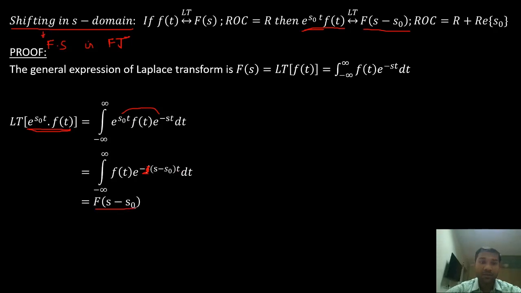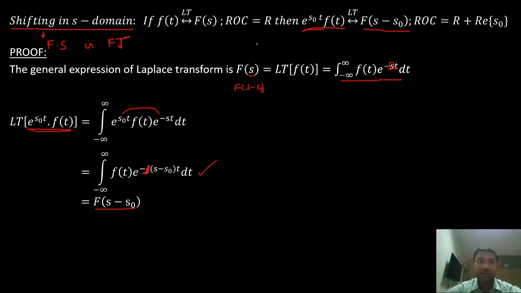This is nothing but F of s minus s naught, right? F of s equals this one. Now F of s minus s naught is nothing but, in place of s, I have to substitute s minus s naught. That is nothing but this integral. So I can write this integral as F of s minus s naught.